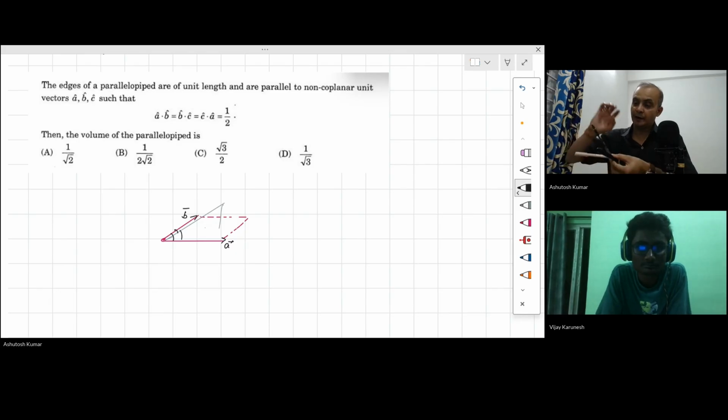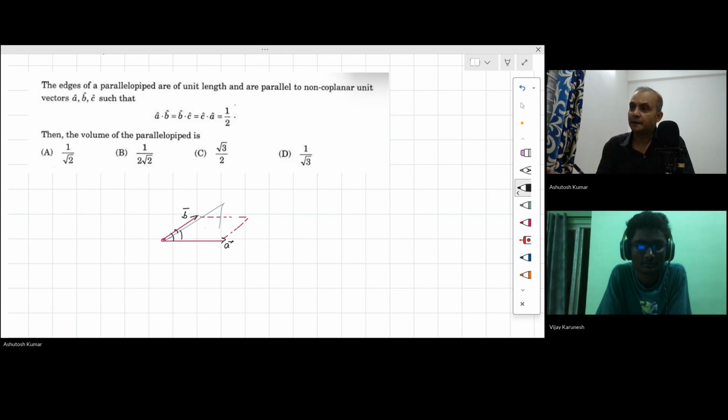And we make a parallelepiped from these three edges and then we have to find out the volume of this. Now it doesn't matter how the sides are given, the volume of a parallelepiped is always given by the scalar triple product of A, B, C.